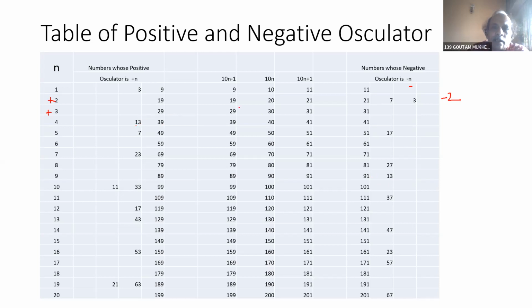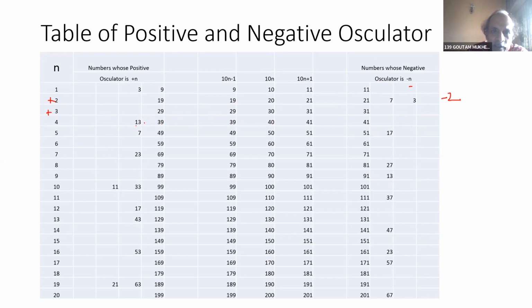So like this, I find that 39 is a multiple, so the oscillator is 4 in this case, in case of 13. Because 4 into 10, 40 minus 1 is 39, isn't it? Here I wrote the 10's multiplier. 40 minus 1 is 39.